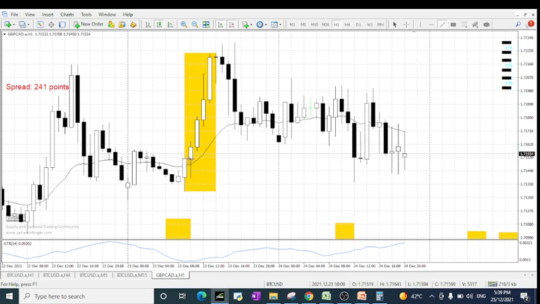The next one came down, respected this low, pushed up. The same thing with this one, with this one, with this one. Even with the last one, we broke the high, respected this low. So in my definition, you have an uptrend.